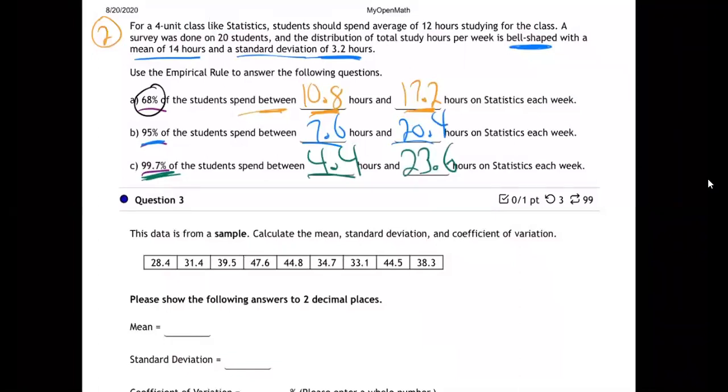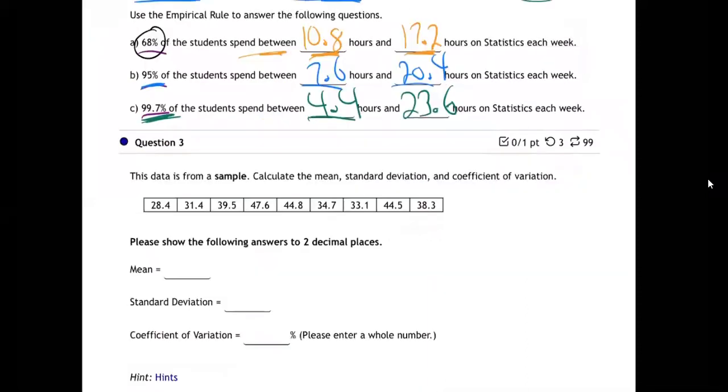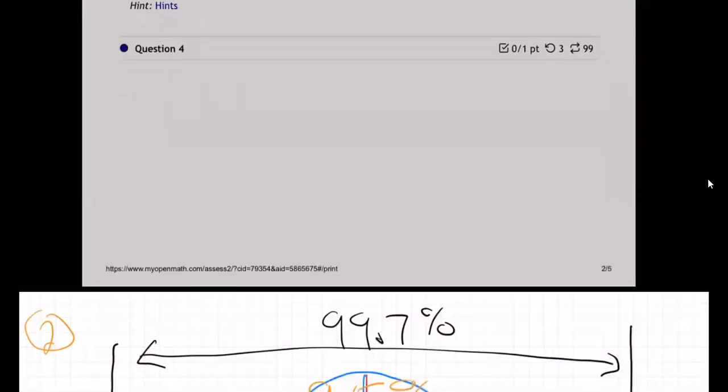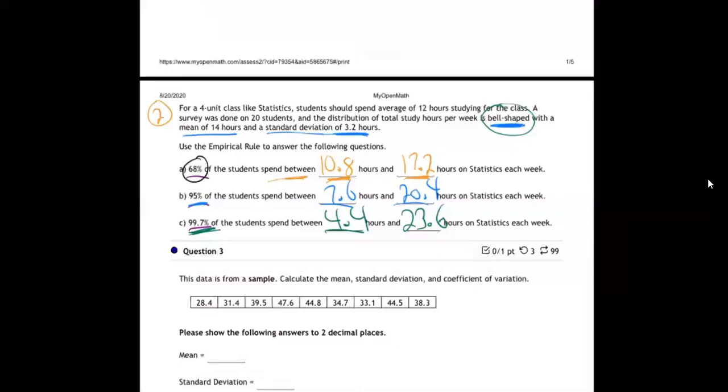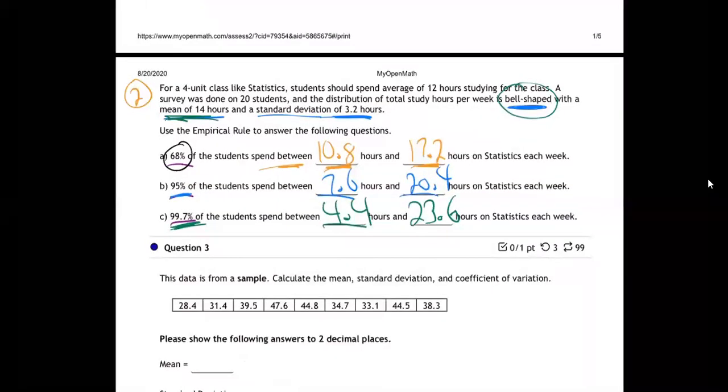So how do you know you're supposed to do that whole thing? They say bell-shaped curve. When they say bell curve, then you know, oh, I've got to draw the bell curve. And how did I do it? Well, they also told me the mean, which is the middle, and they told me the standard deviation is 3.2. That means every line goes up or down by 3.2.